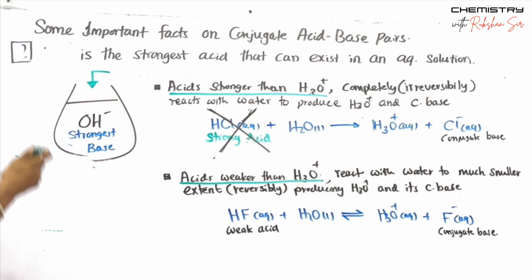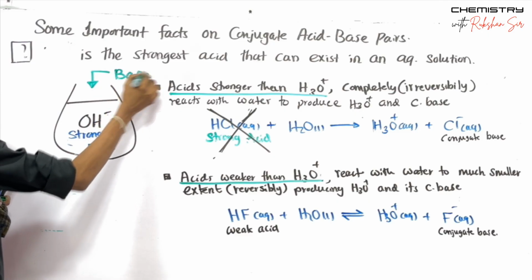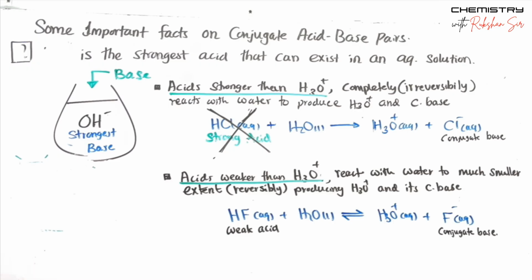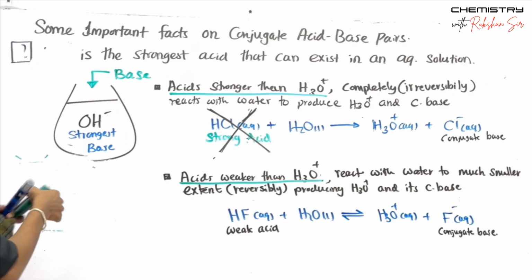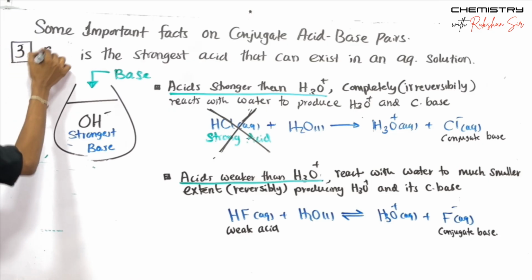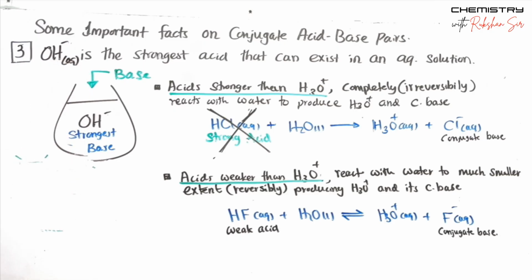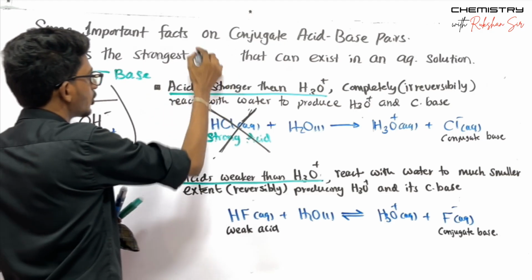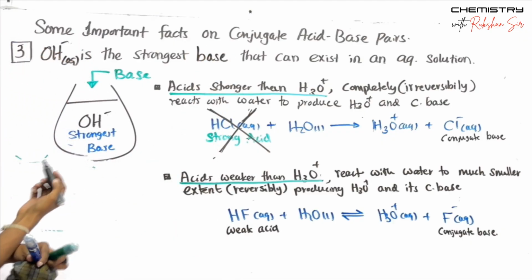So if you add a base which is stronger than OH minus, definitely that species will completely react. That's the next point. So point number 3: OH minus is the strongest base that can exist in an aqueous solution.